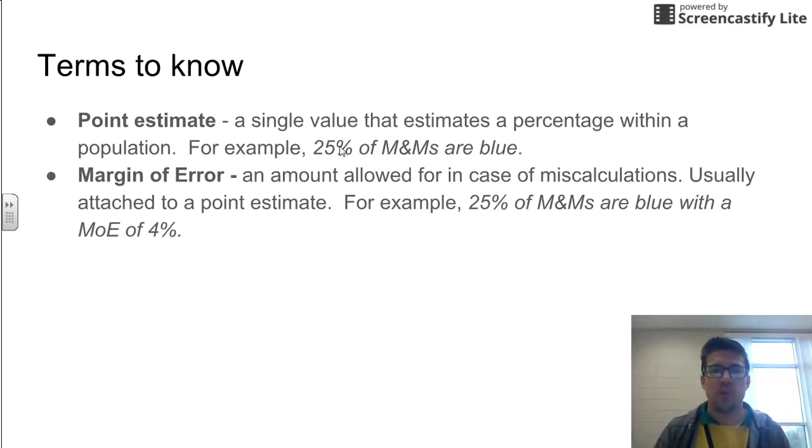We wanted to do a real world demonstration of this. So we created our own jar of M&Ms, where we made sure that 25% of the M&Ms were blue by cutting a quarter of them as blue little squares. And basically all that we did out of this is we took samples.